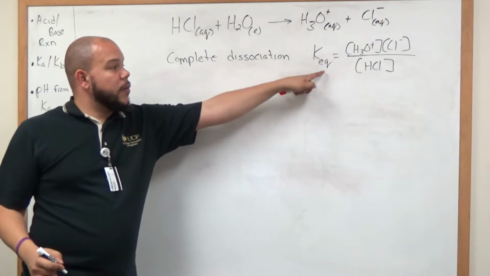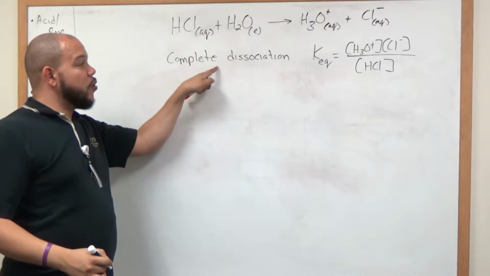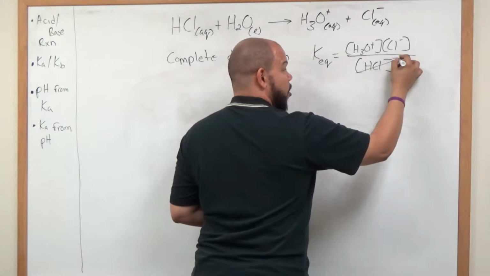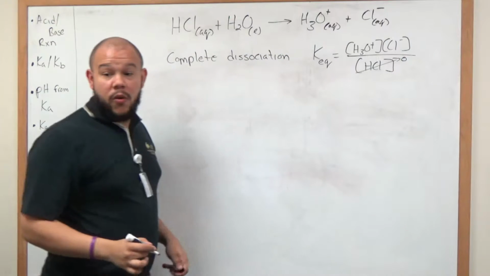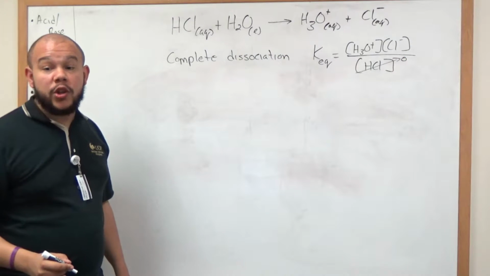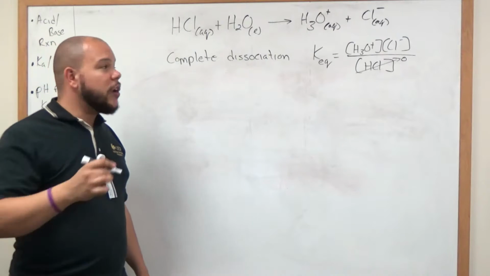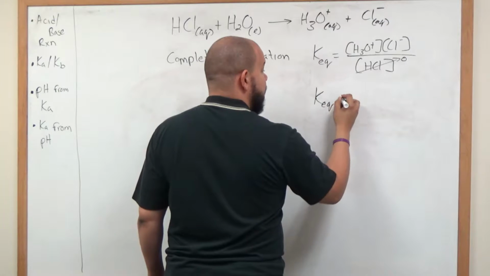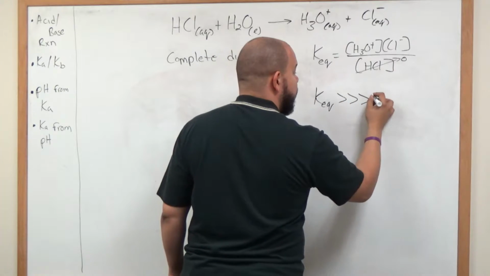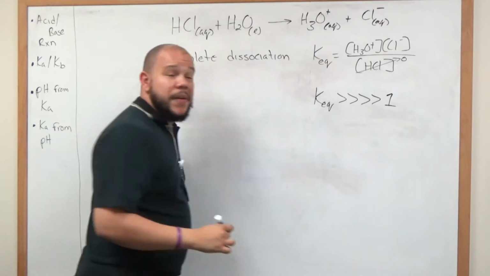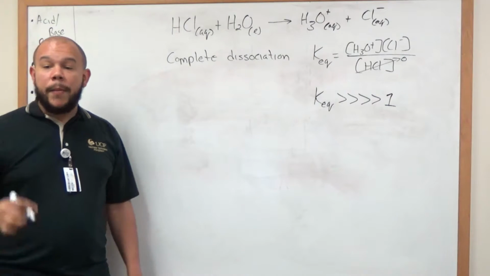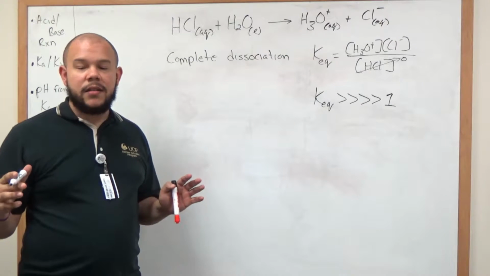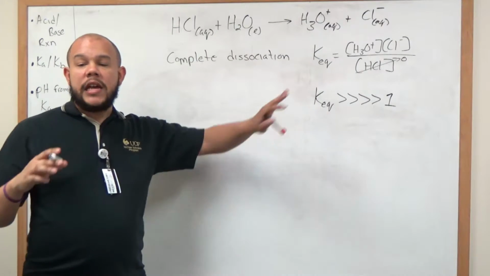The fact that we show complete dissociation means that the reactant concentration in the denominator is approaching zero. It is almost completely zero. What does that mean? That means that KEQ is very, very big, much, much larger than 1.